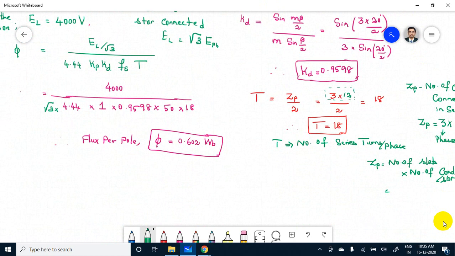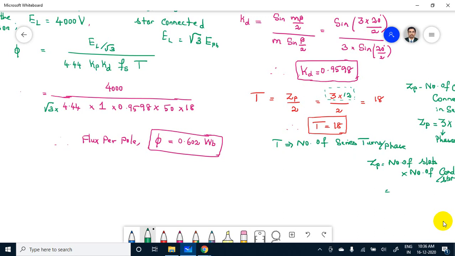Wait, one second. N is the number of slots per pole. I am talking about the number of slots. How many slots are there in your question? Not given, sir. So the number of slots per pole, how much did you get?